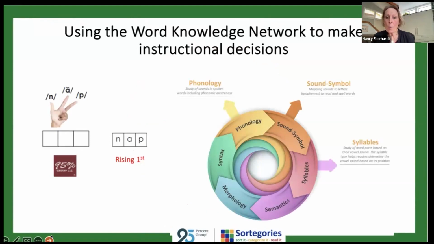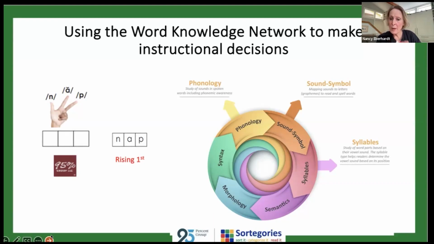So we're going to illustrate for the next few minutes examples of the relationship between these areas on this word knowledge network wheel with the kind of data that you might look for or try to access. And we're not saying that there's one right assessment tool, but that there need to be tools whenever possible to help us with this task for differentiation.